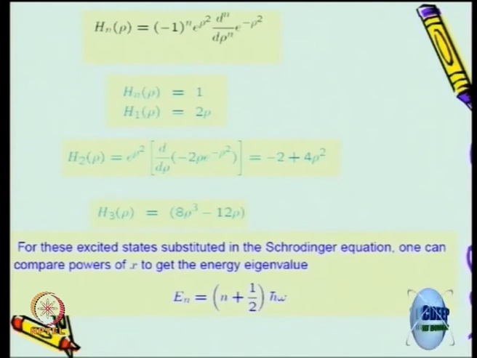I have already shown that once you put a truncation in the series, you automatically find that the energy has to be quantized, and wherever we truncate, if we put the coefficient of a n plus 2 to be 0, then the corresponding energy, we call it E subscript n, will be n plus half h cross omega, and you will go up to a polynomial series up to that. H2 will have the highest polynomial power, which is rho square. If you want to write H4, the highest polynomial power will be rho to the power 4 and will have only even powers.